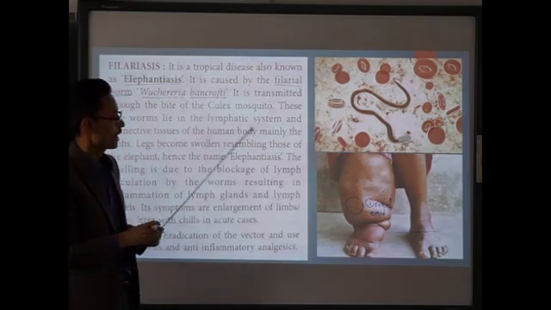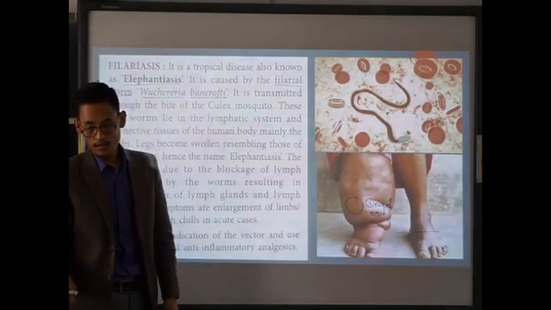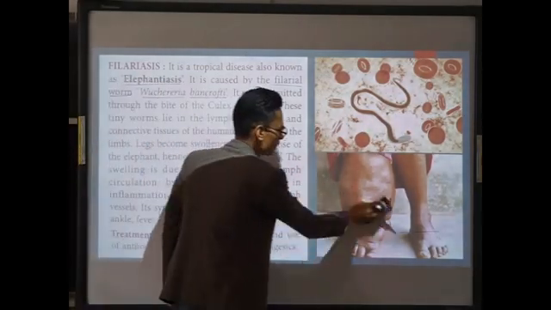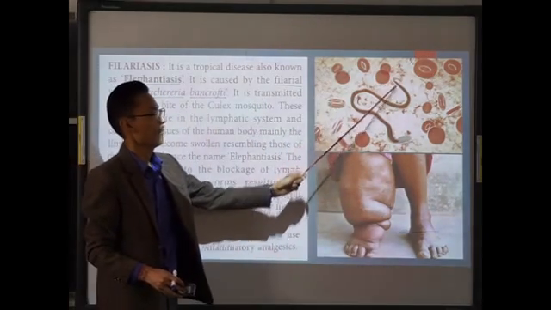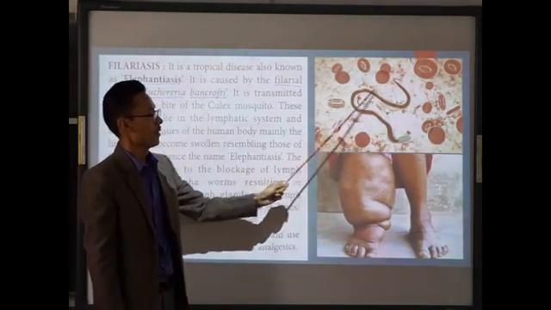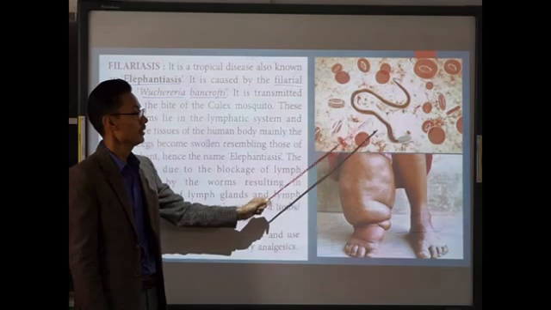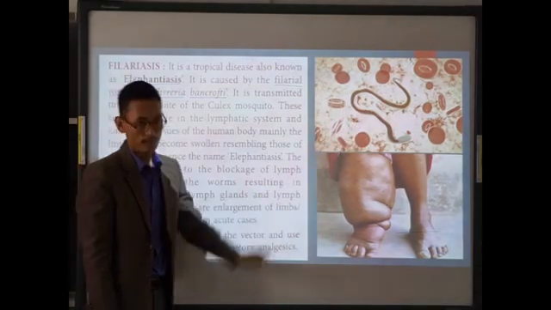So can you look at the given diagram? This is the filarial worm that causes elephantiasis. Clear? This is the structure of Wuchereria bancrofti, the filarial worm.